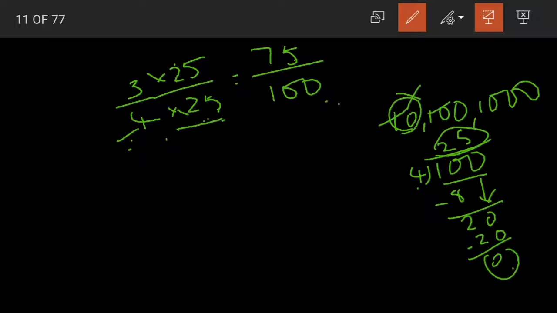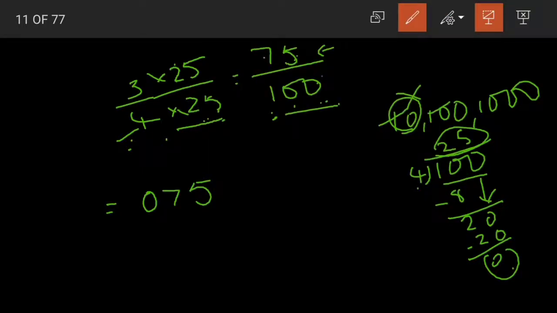Now we all know how to convert this into a decimal number, right? 75 by 100. How will we do that? In the numerator, we have only 2 digits, but in the new denominator, we have 3 digits. So for the third digit, we'll place a 0 to the left. Yes, so it is done.